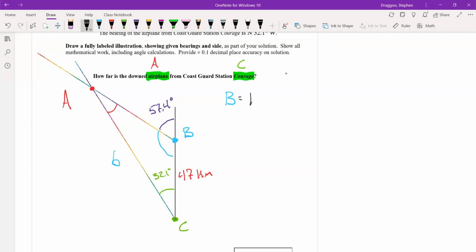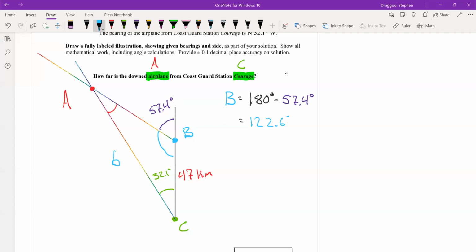So angle B should be 180 degrees minus our bearing angle of 57.4, which comes out to 122.6. I can read my own handwriting.